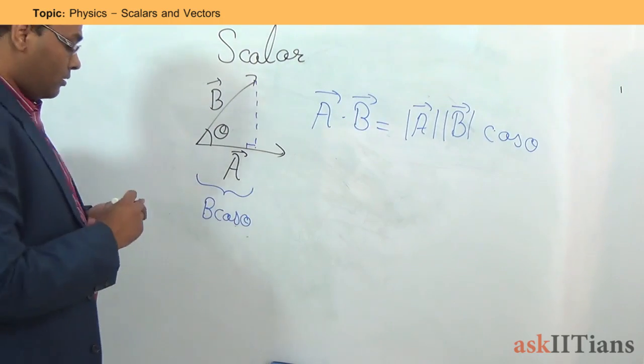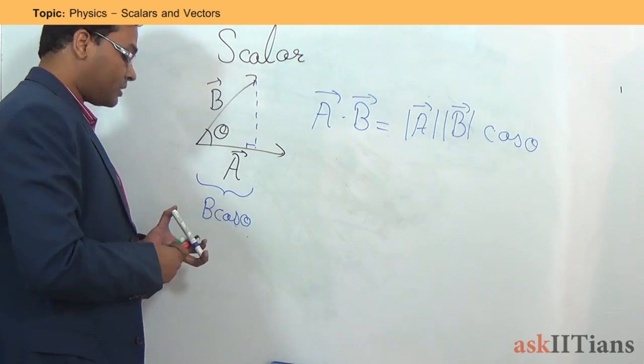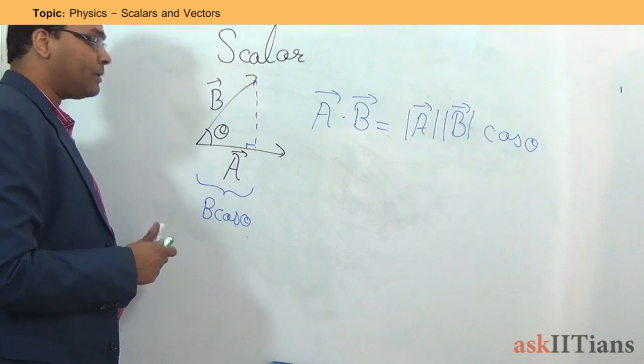You may ask why we can't take the projection of the vector A on B. You can similarly do that.